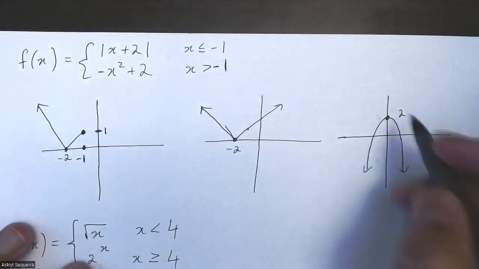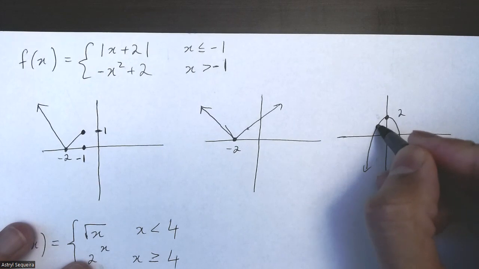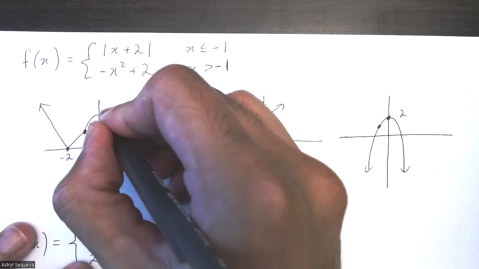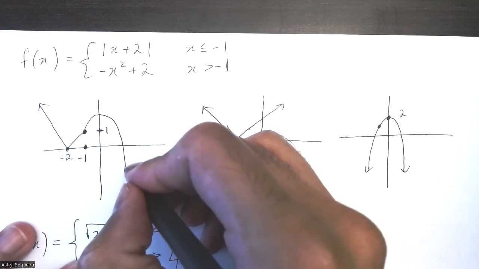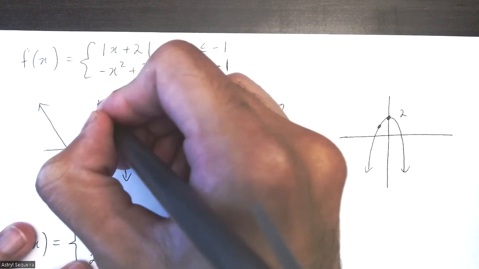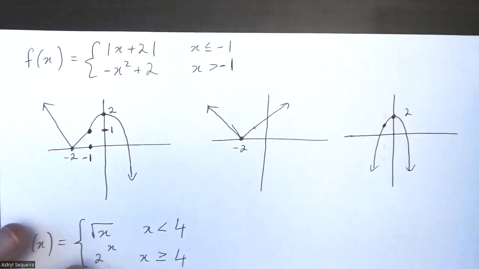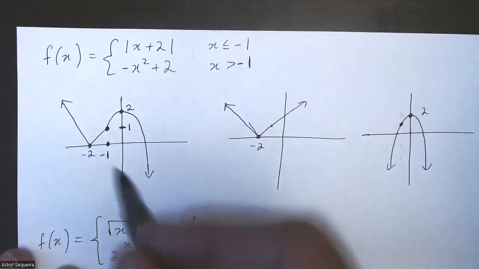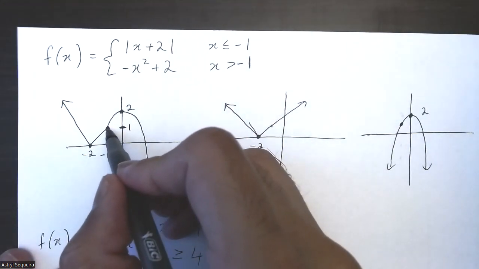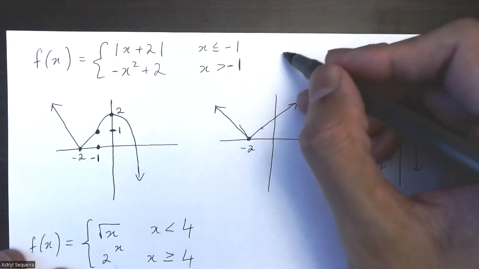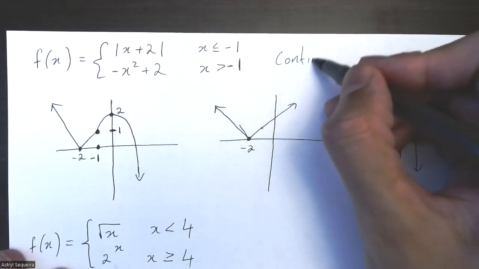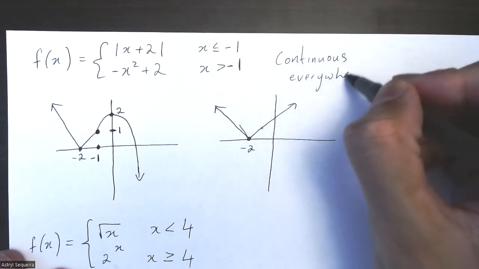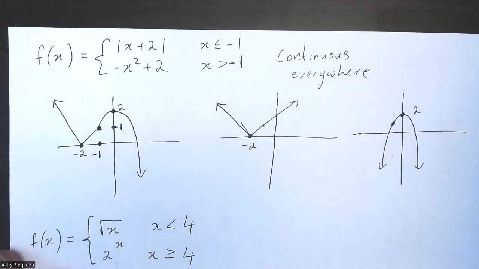And then I just want to draw the right side of this function, which is just the remaining part of this over here. It's just going to look like that. And that's how we draw a piecewise function. Since these 2 points touch over here, this means that this function is continuous everywhere. Basically no discontinuities.